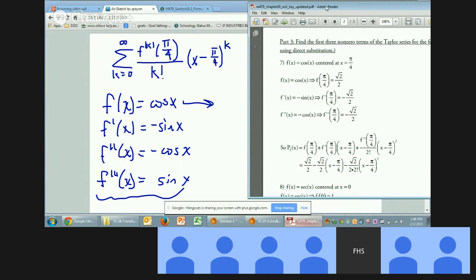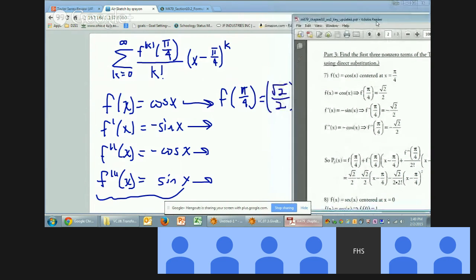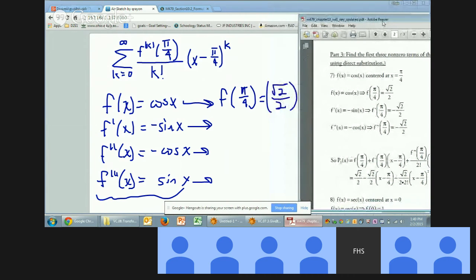Now we're going to evaluate all of these at pi over 4. So f of pi over 4 is root 2 over 2. You start to have to know your unit circle to get that. And then you would just keep on going, right?